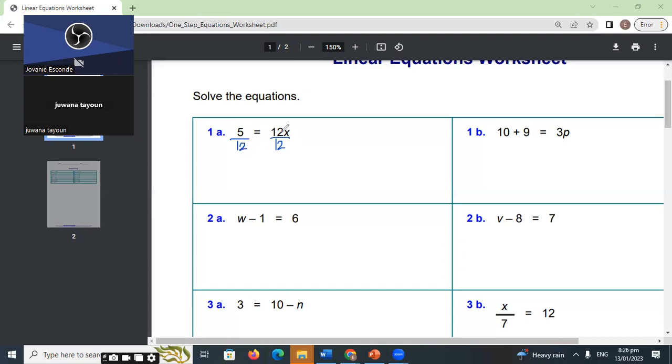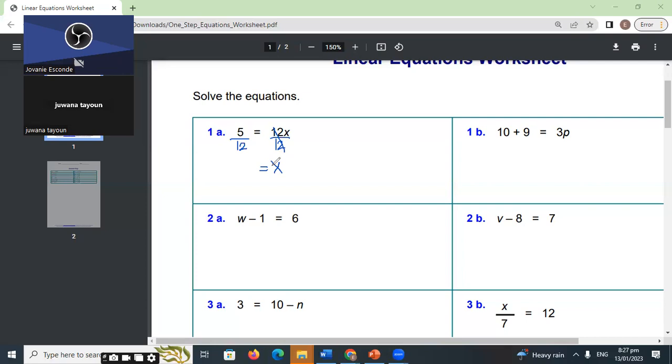So 12 divided by 12 is 1, or can be canceled. So what remains here is 1x or x. It is understood that there is a coefficient 1 there beside x, but no need for us to write 1.